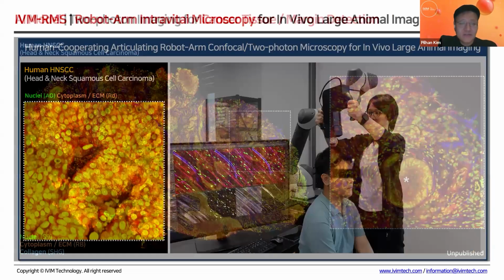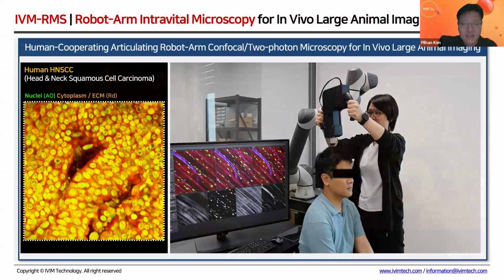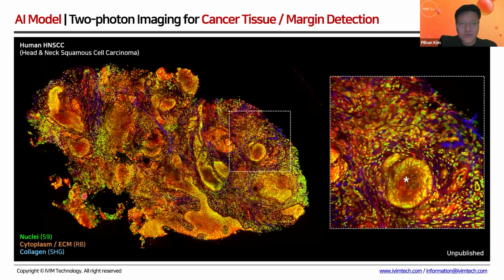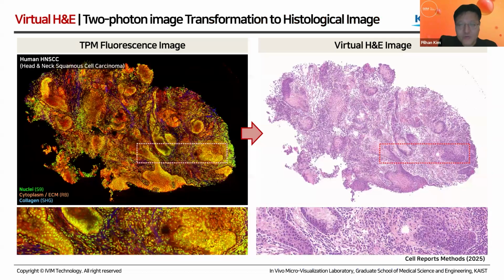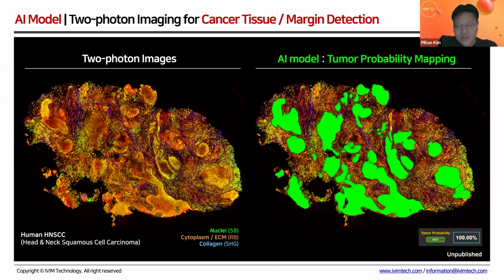Still, this is a microscope, so we still achieve subcellular resolution. It can be used to image human cancer tissue during operations. Again, I'm going to skip the details, but we can also develop an AI model to automatically detect the cancer nodules and cells in human cancer tissue, which can be a useful tool to detect the cancer margin during operations.